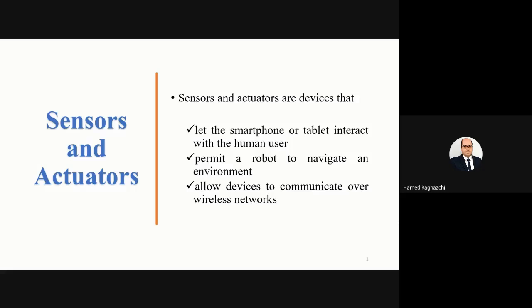In fact, sensors and actuators are devices that permit smartphones to interact with us or let a robot navigate an environment. They can also let devices communicate over wireless networks and so on. That was the task of sensors and actuators in digital systems that we will talk about.